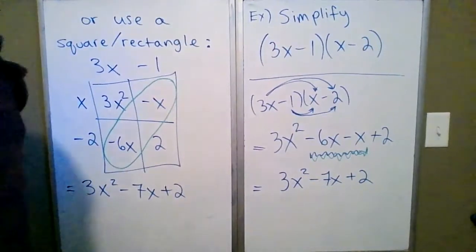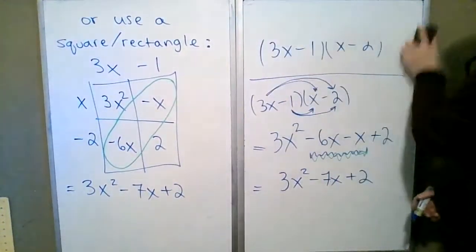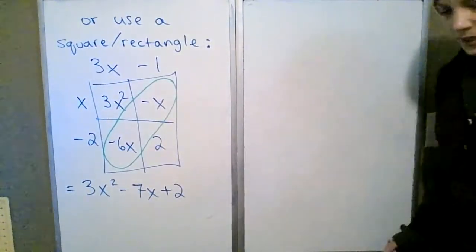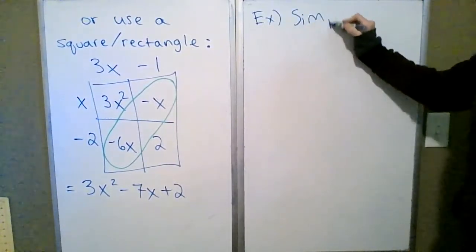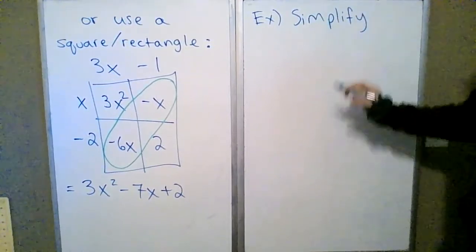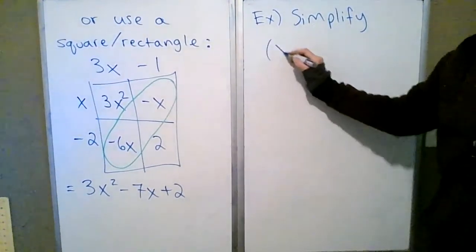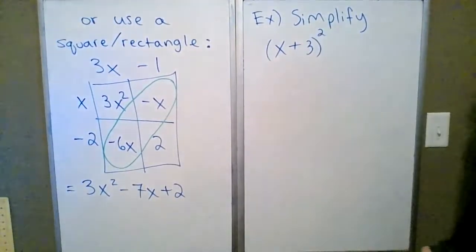All right, let's do a product, and I'm also going to use a square. X plus 3 squared.